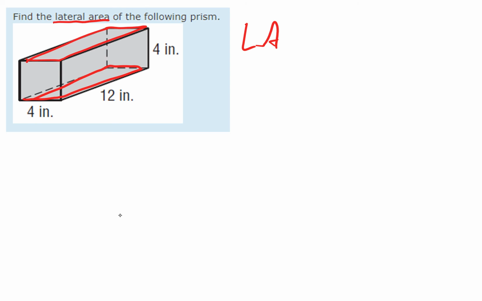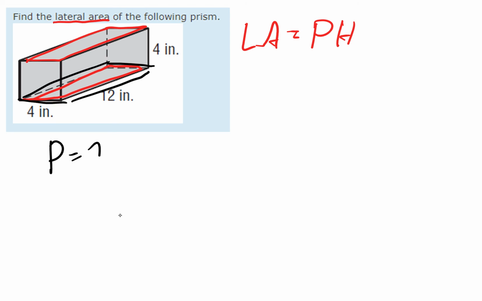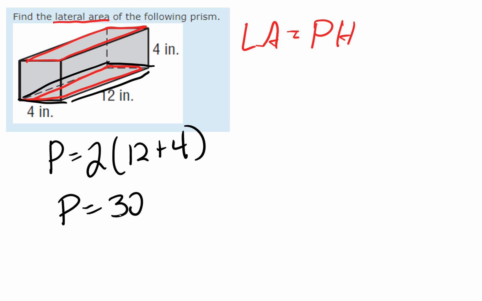Lateral area is perimeter of the base times the height of my prism. So the perimeter of my base here would be 12, 4, 12, and 4. So I added 12 and 4 twice. So that gives me a perimeter of 32.